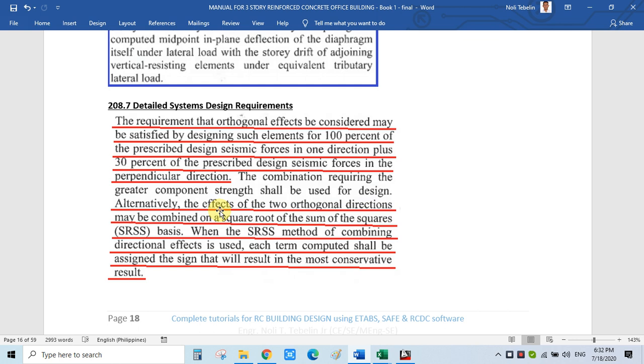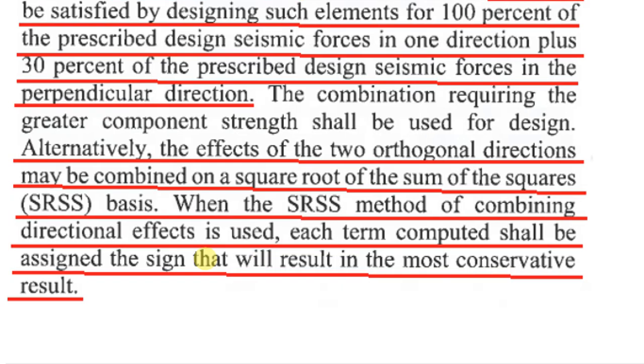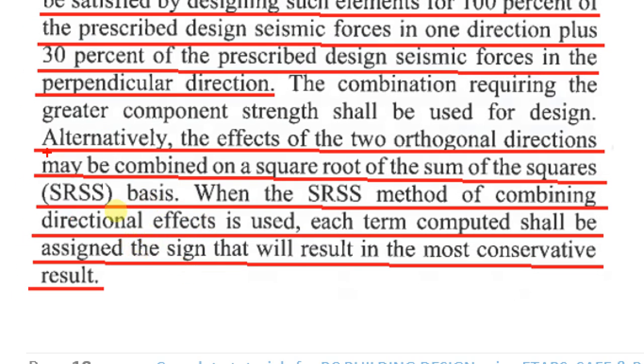Then, the combination requiring the greater component strength shall be used for the design. Alternatively, the effect of the two orthogonal directions may be combined on the square root of the sum of the squares, SRSS basis. So, when the SRSS method of combining directional effect is used, each term computed shall be assigned the sign that will result in the most conservative result.